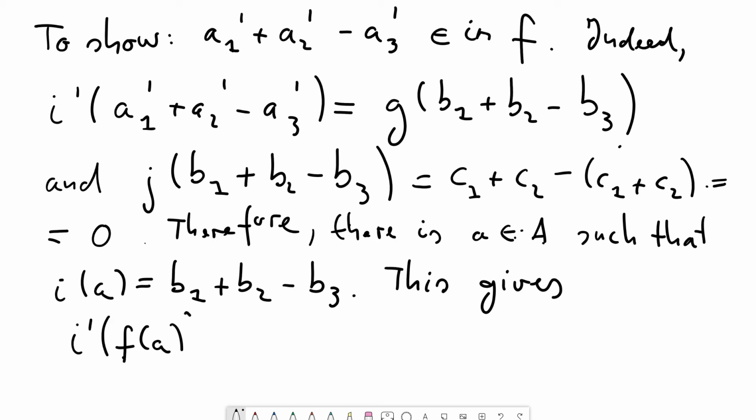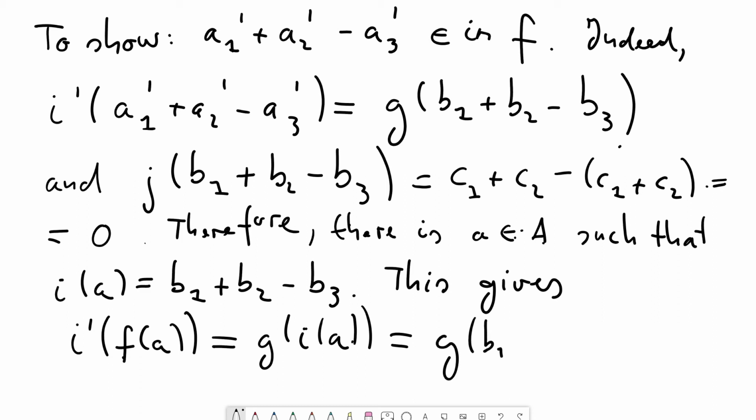So I apply I prime to it. And then the only thing I can do next is use commutativity in this square. So I prime after F is the same as G after I of A. Okay. But now I of A, I just plug in from above, is the same as G of B1 plus B2 minus B3.